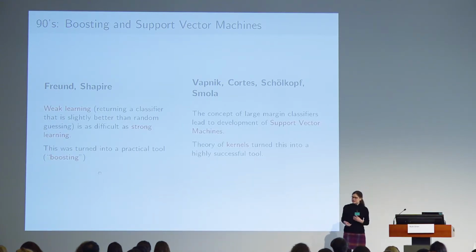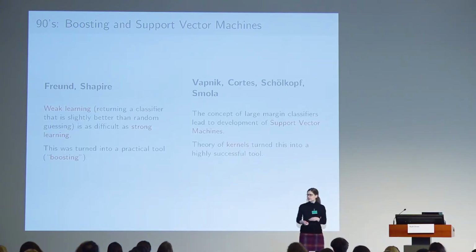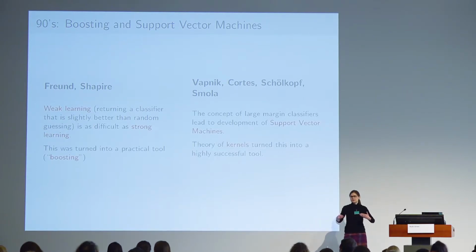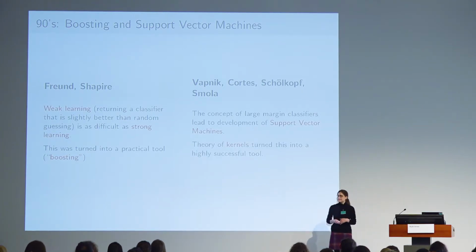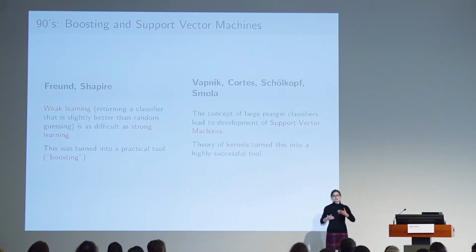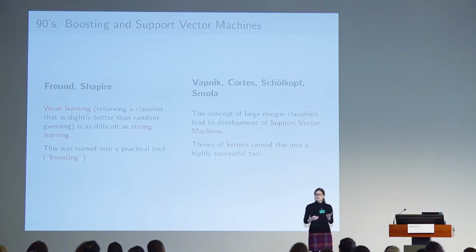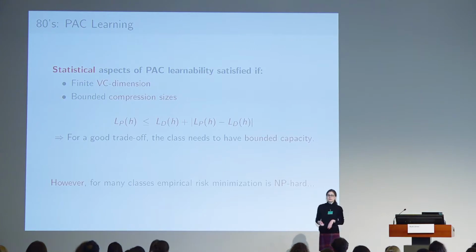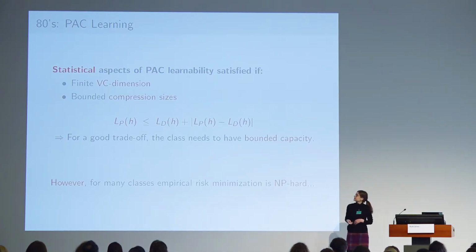And then, around the same time, support vector machines were developed. And again, this came from a consideration of computation and seeing that requiring a predictor to have a large margin is actually equivalent to minimizing what we know as the hinge loss function, which is a convex loss function, rather than trying to actually minimize the prediction error in a classification problem.